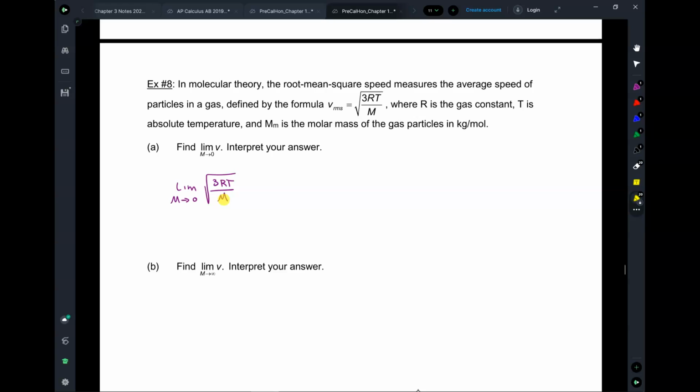As m approaches 0, what's going to happen to this entire fraction? Infinitely large. It's going to be infinity, right? So again, as the denominator gets bigger, the whole fraction gets smaller. As the denominator gets smaller, the fraction gets bigger, so it is equal to infinity / DNE. Okay, interpret your answer.